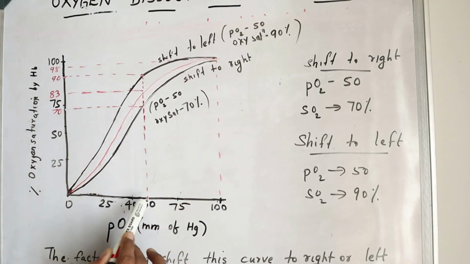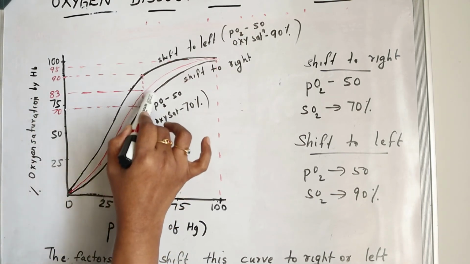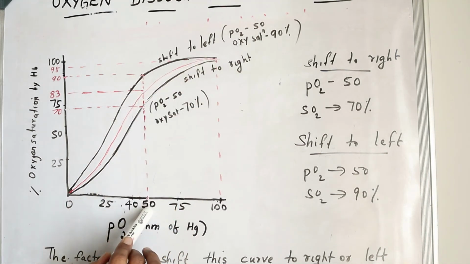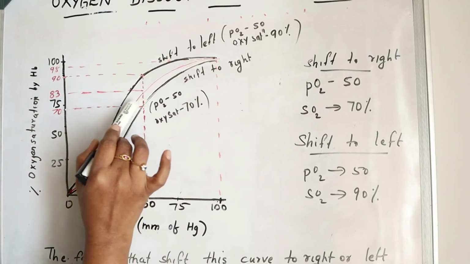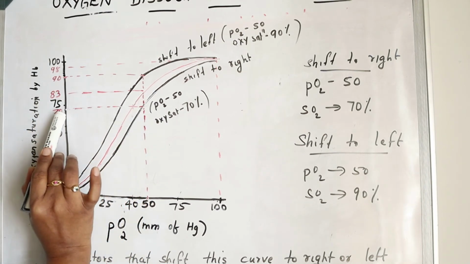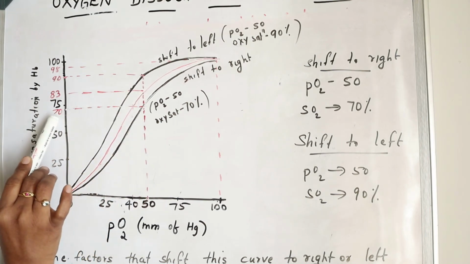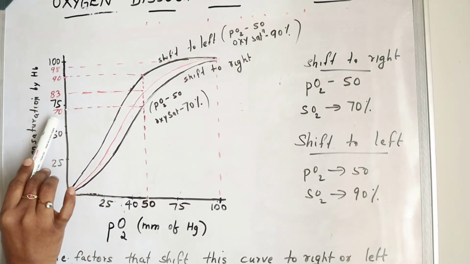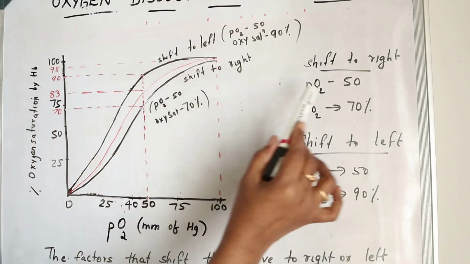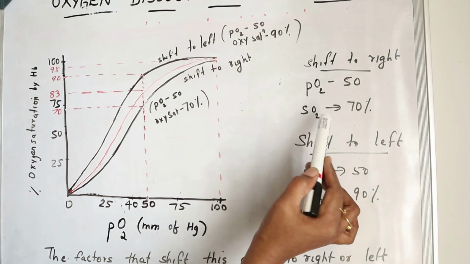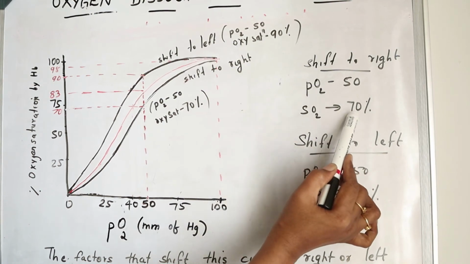But here, because of this shift towards the right, even though the partial pressure is 50 millimeters of mercury, the oxygen saturation got reduced to 70%. Already it is 83% normally, but it is reduced to 70%. See, partial pressure of oxygen 50, shift to right, the oxygen saturation is 70%.